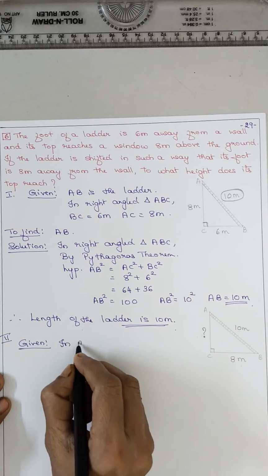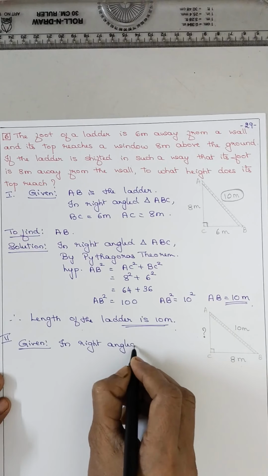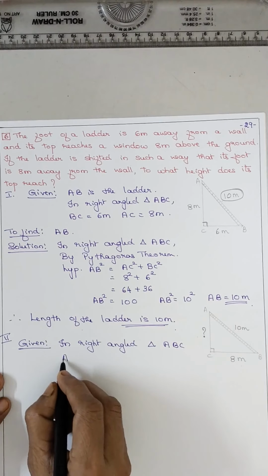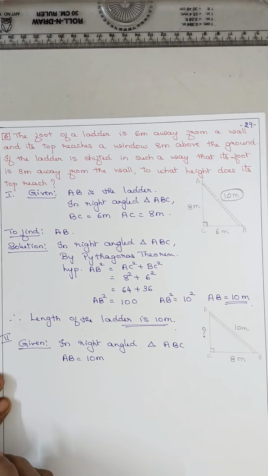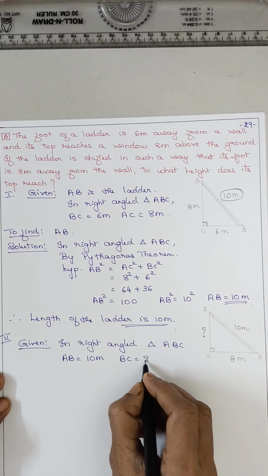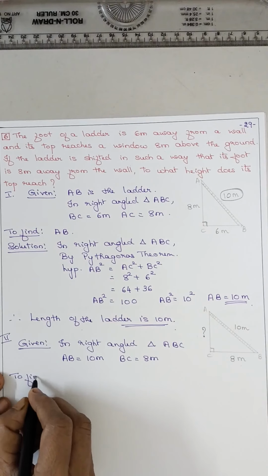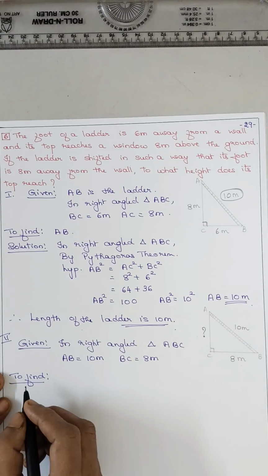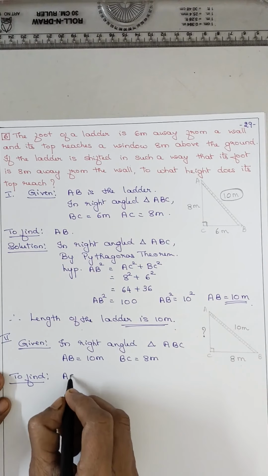In right angle triangle ABC, you got ladder AB equal to 10 meter. The distance of the foot from the wall, that is BC, is equal to 8 meter. Now to find is the distance of the top of the ladder from the ground, that is AC.